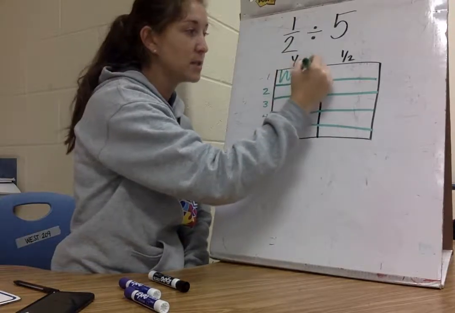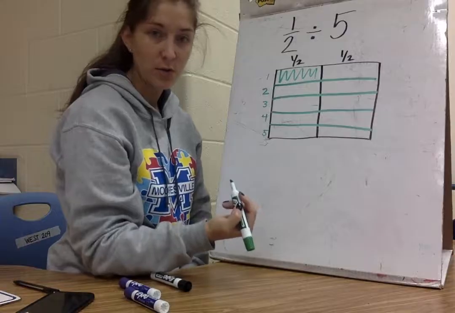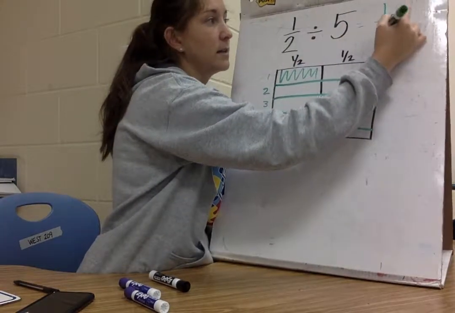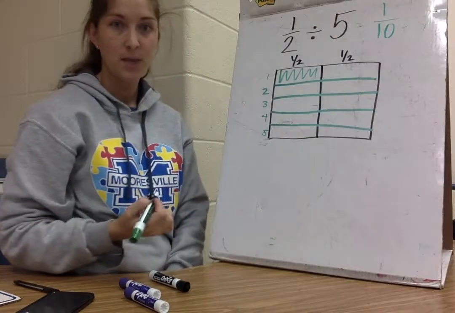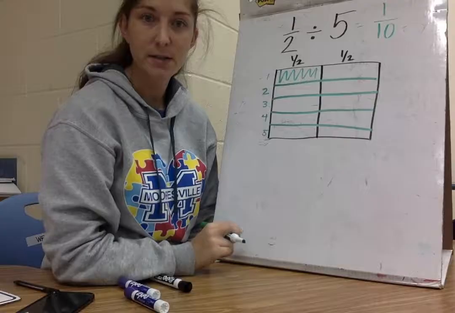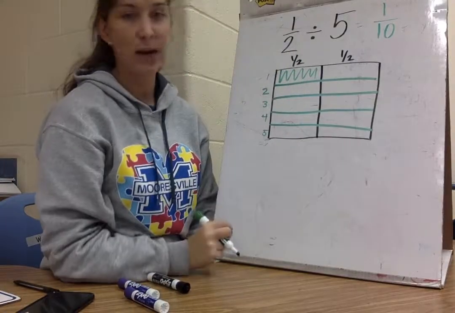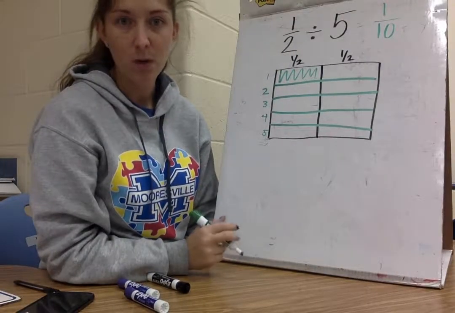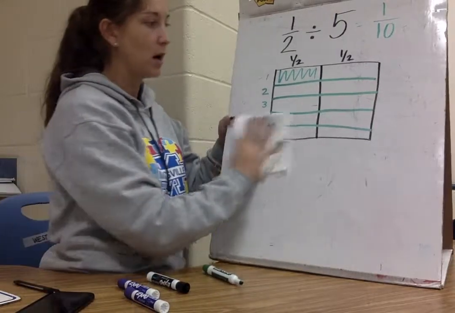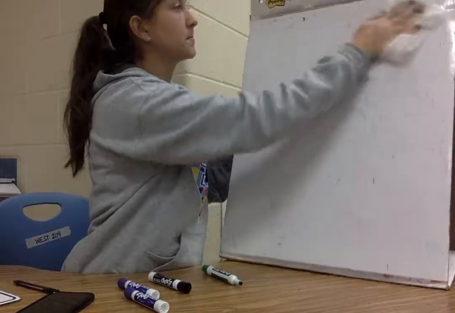One of these pieces right here is going to represent the fraction 1/10. It's one piece out of 10 total pieces. So 1/2 divided by 5 equals 1/10. Okay, let's try another one.